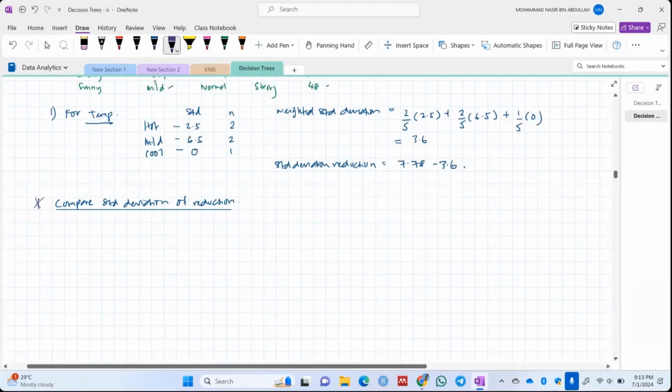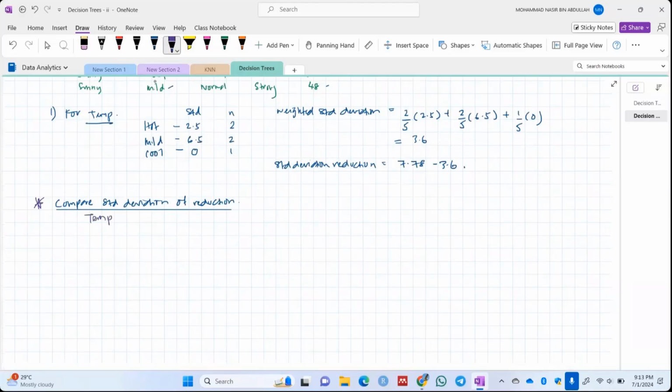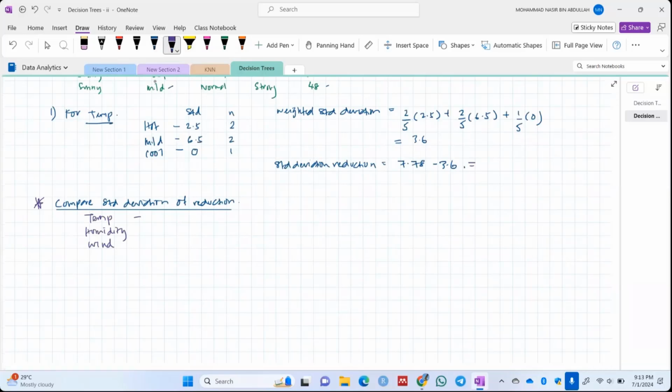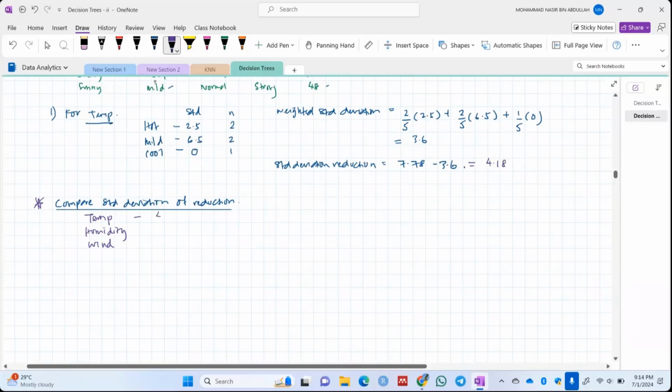For temperature, humidity, and wind: temperature is 4.18, humidity is 3.33, and wind is 0.85.